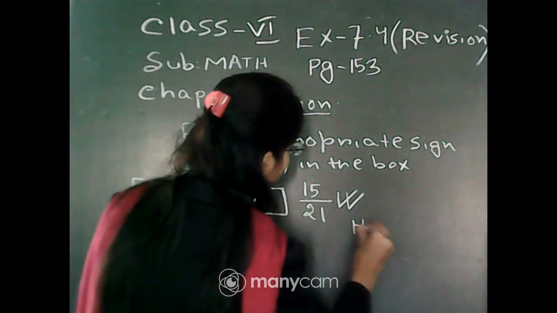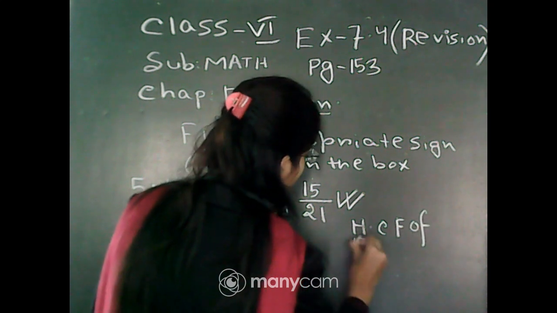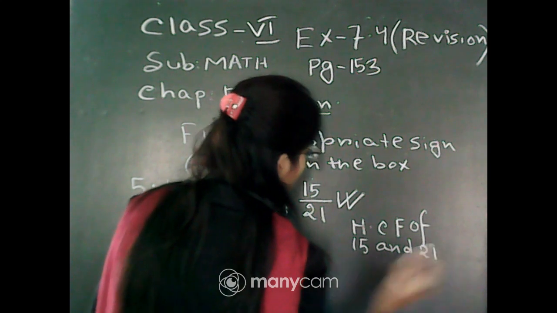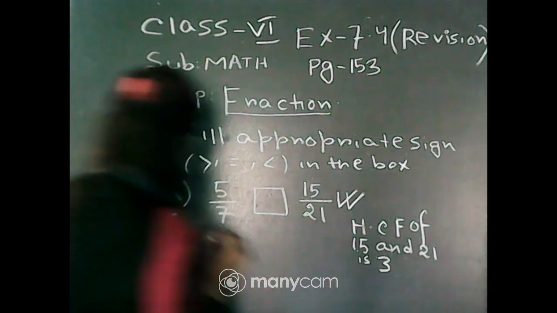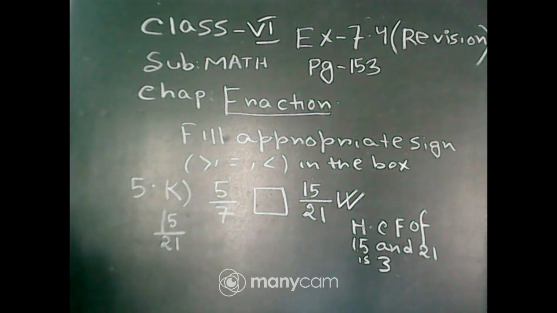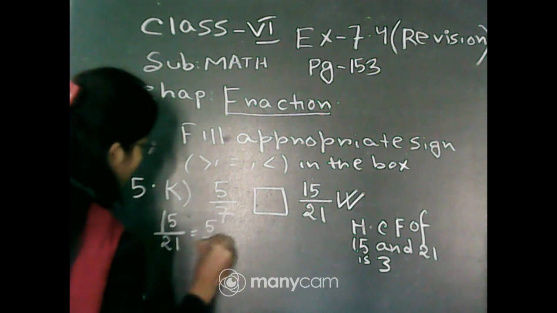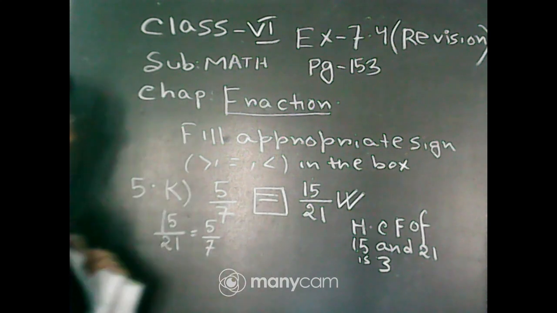Now, HCF of 15 and 21 is 3. Therefore, to get the simplest form, we divide both the numerator and the denominator by 3 and we get this is equal to 5 divided by 7. So, here these two fractions are equal.